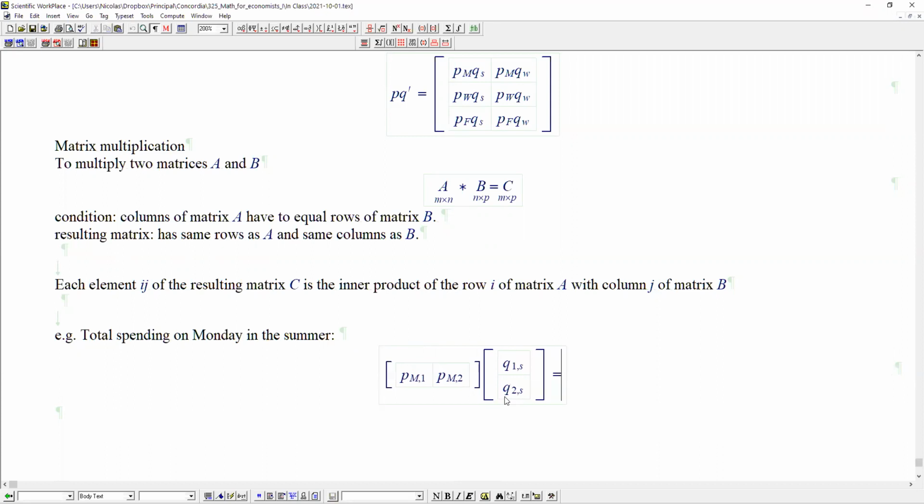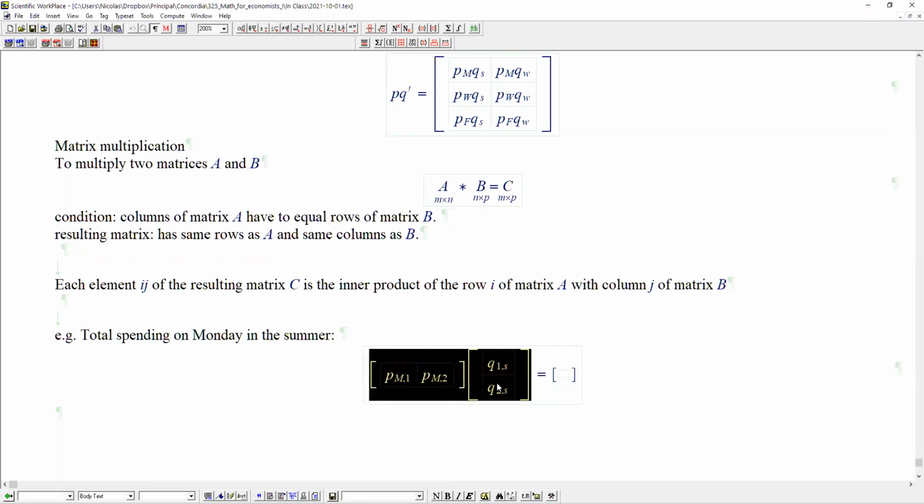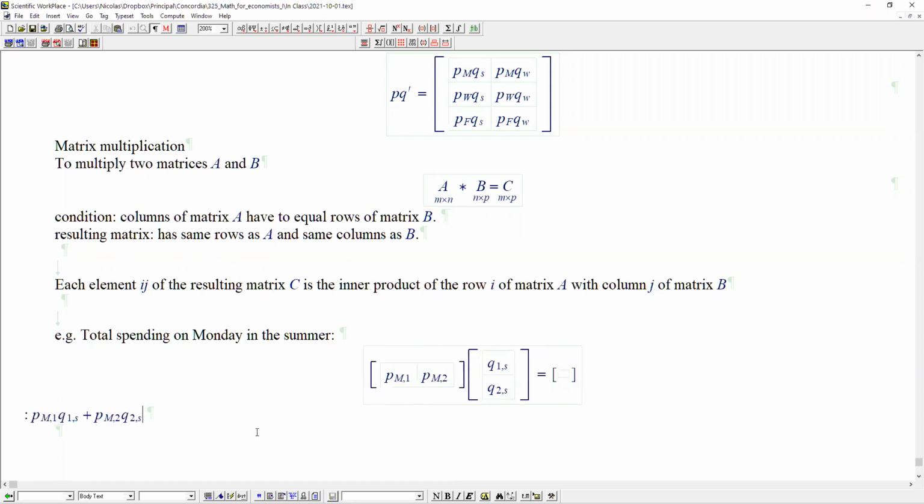So that would be equal to, I can just compute them here. As we've seen, that's an inner product.